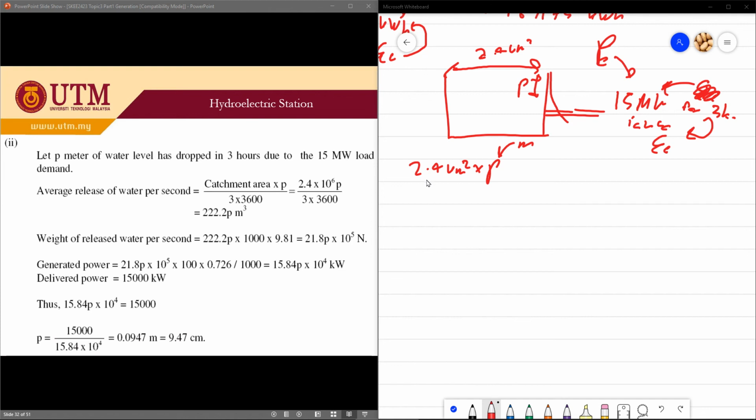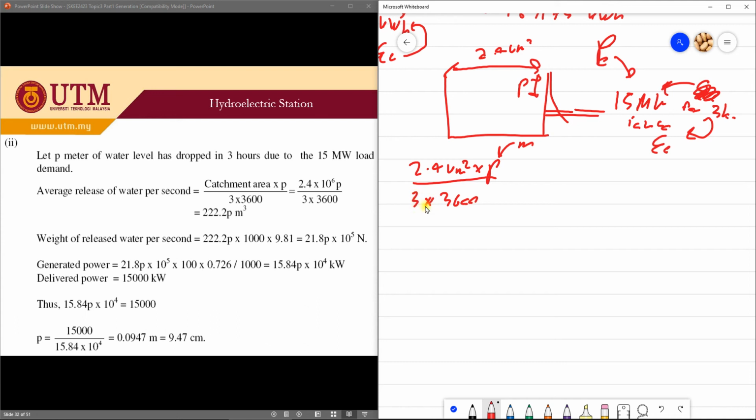How to convert this per second? You just divide by 3600, because this is in 3 hours, so 3 hours is 3 multiplied by 3600. This is the total volume of water used, so you have to convert it to water released per second.